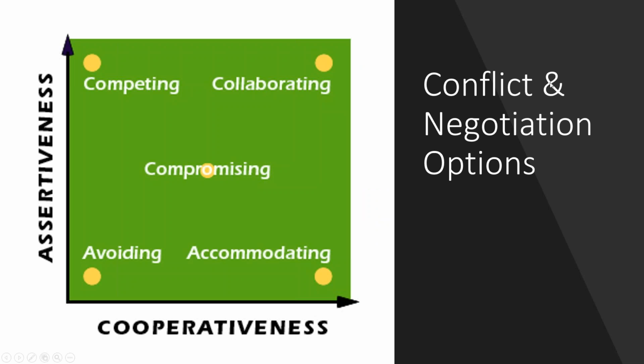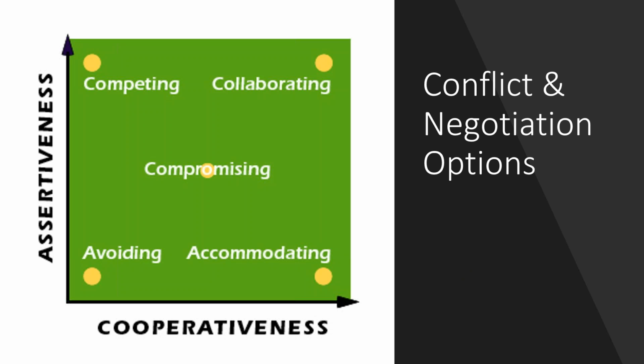All right, so now what I'm sharing with you now is the model, and what I want to do here is talk about the model, and if you've completed the conflict negotiations diagnostic, you would have some scores around these 5 areas in the green model.